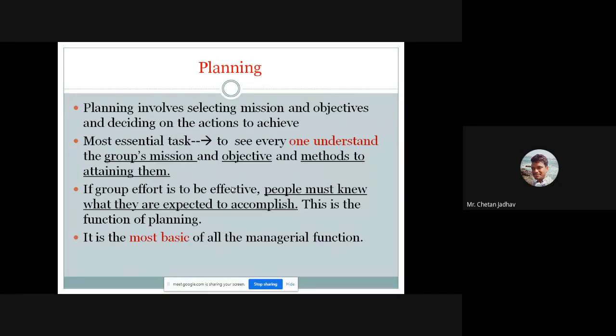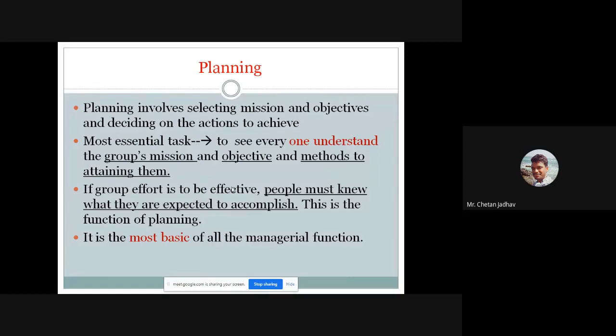Because of that 5 to 10% of people, the organization is unable to achieve the 100% target. This should not happen in any organization. For that, the owner or manager should ensure that each and every group of employees' effort is effective, and each and every person completes their responsibilities.